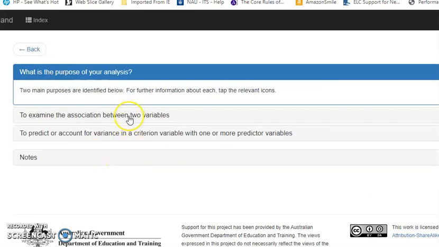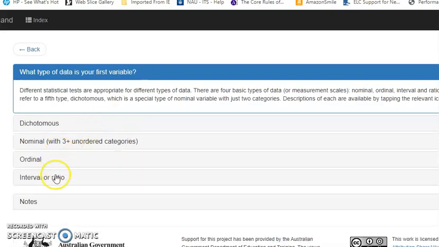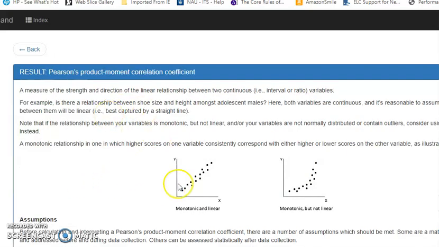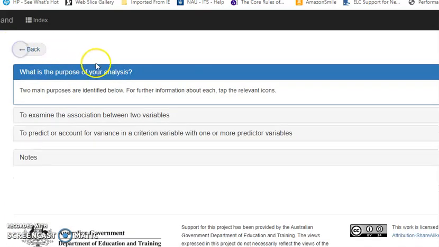So here I could say I'm examining the relationship between two variables, and then I know I'm going to have two variables, interval ratio, and then my second variable is going to be interval ratio, and then voila, it's the Pearson. So you can find your way through some of the material we have covered, but I will warn you, it goes extensively into a lot of different statistics that you can run.